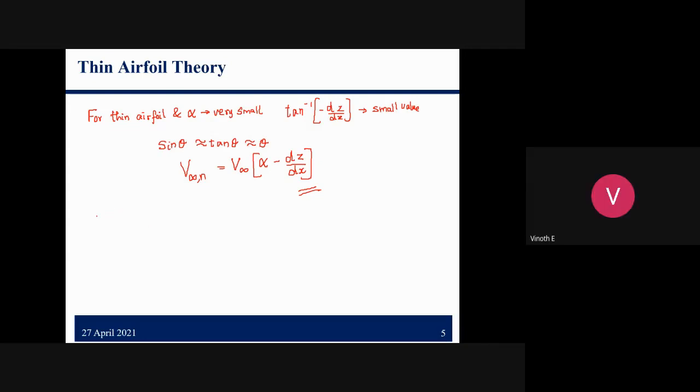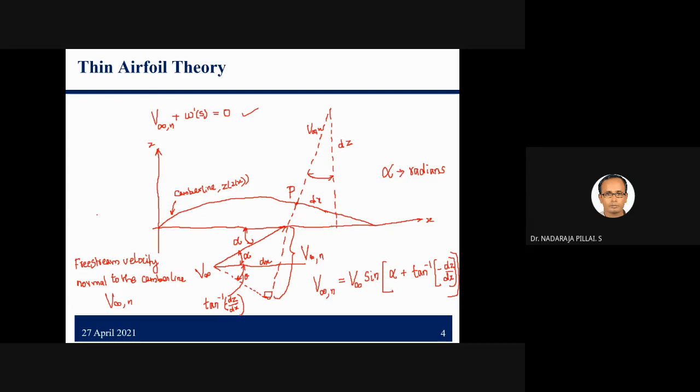Sir, excuse me, sir. Yeah, please. I didn't get the minus symbol, I mean minus dz by dx. How the minus came? Could you say once? So here the dz by dx, we consider that in the other direction. If it is above, we can consider in the different way, and if it is in the other direction, hence we consider the minus dz by dx, the slope.